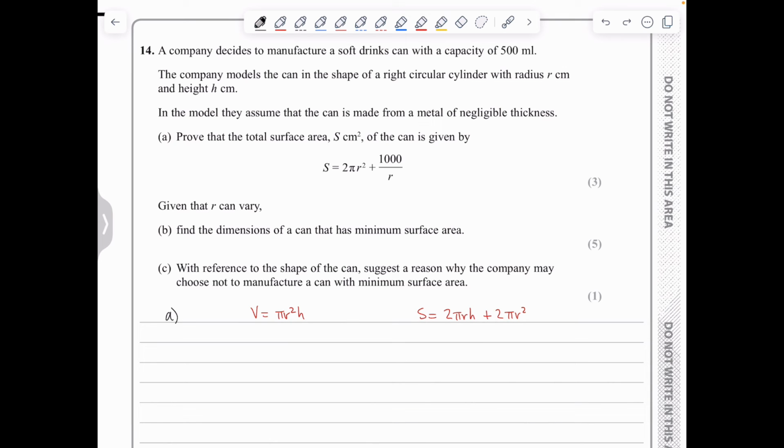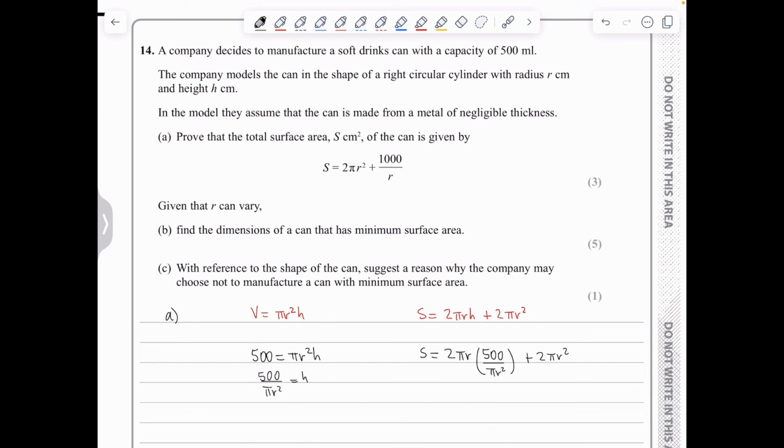Looking at the volume, we know that a capacity of 500 ml means 500 cubic centimeters, so 500 is equal to pi r squared h, which leads to h being 500 over pi r squared. And then I'll be substituting into the expression for capital S. So S is 2 pi r times 500 over pi r squared, plus 2 pi r squared.